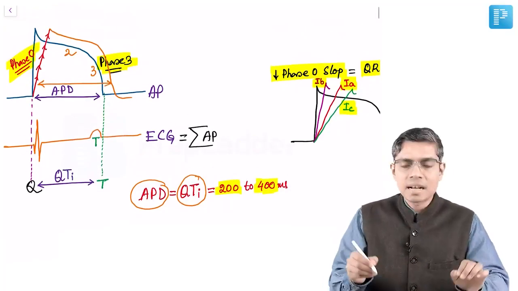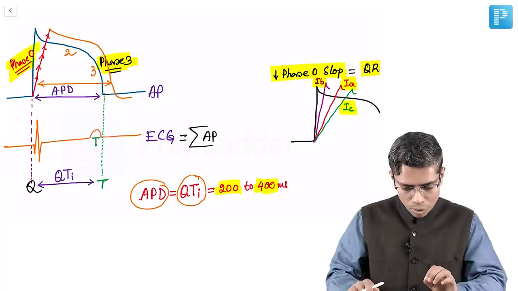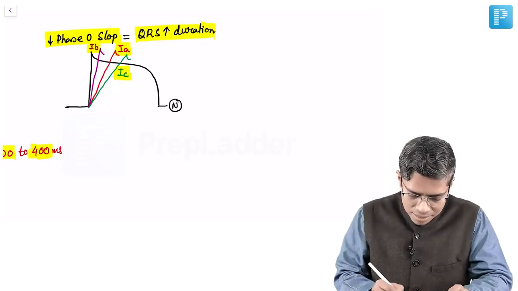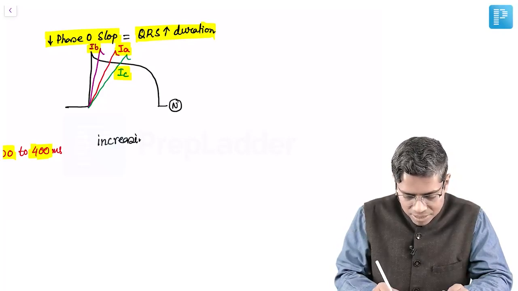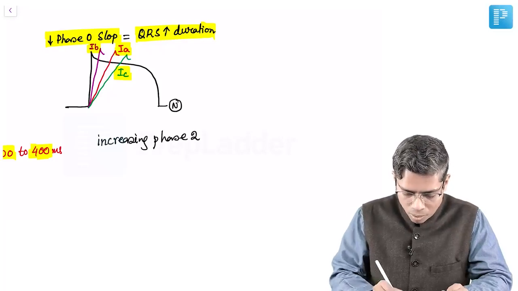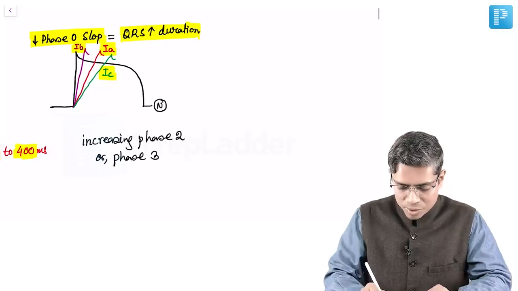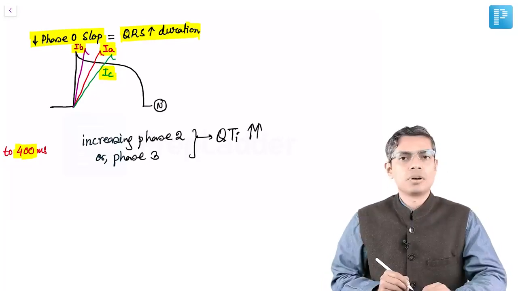So if you increase the action potential duration, your QT interval will also be prolonged. So I am writing here the second feature: if any drug is prolonging or increasing phase 2 or phase 3, then obviously the QT interval will also be prolonged.